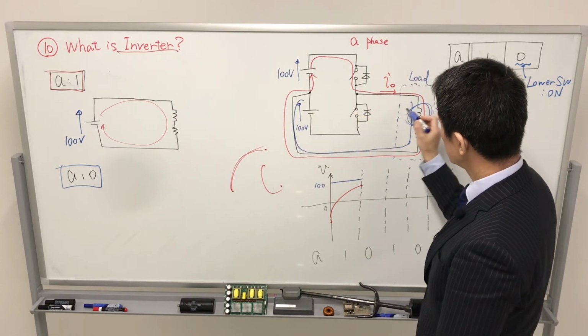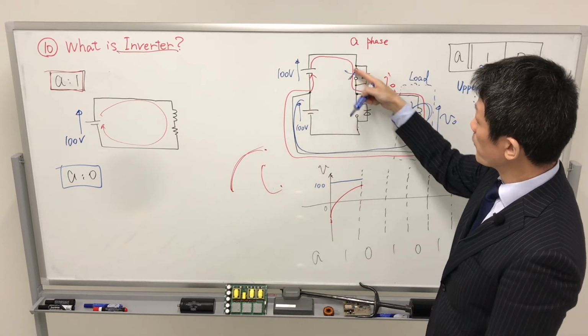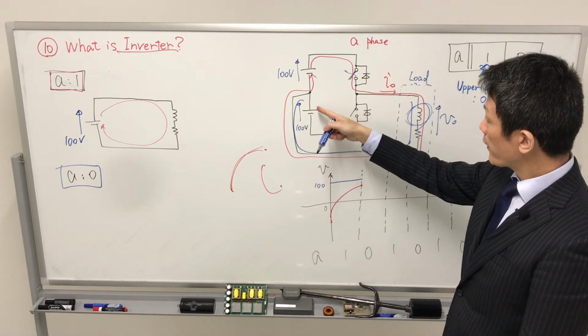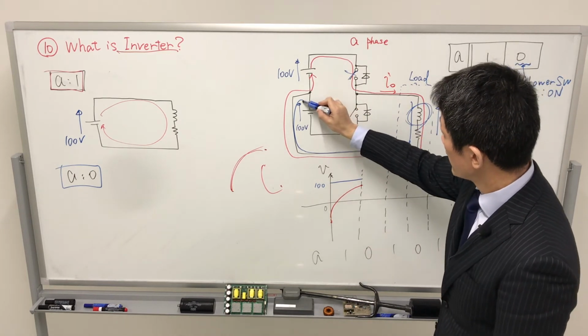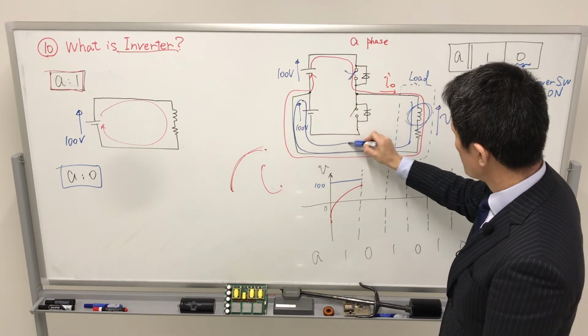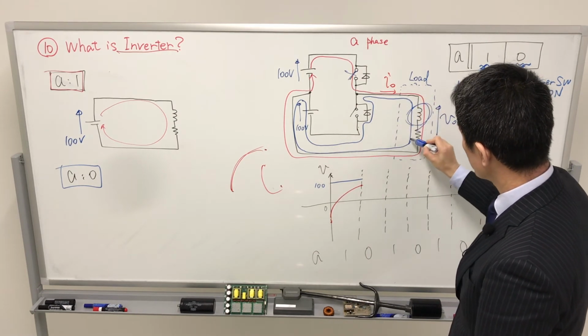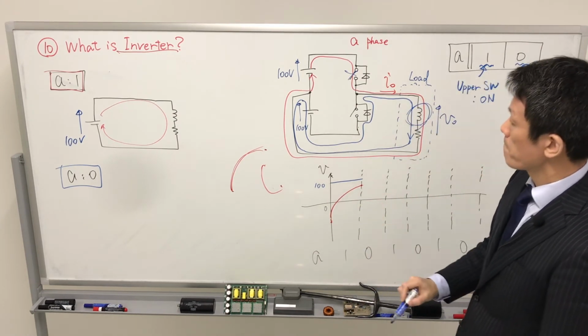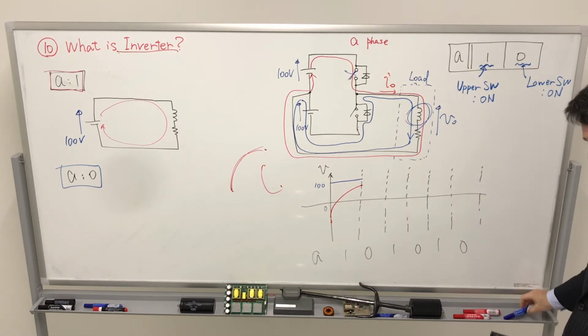However, the switch is turned off, so we cannot flow through here. We can flow only through this loop.